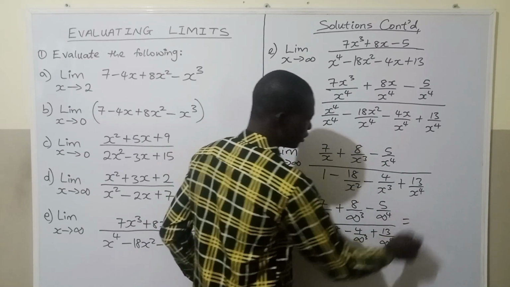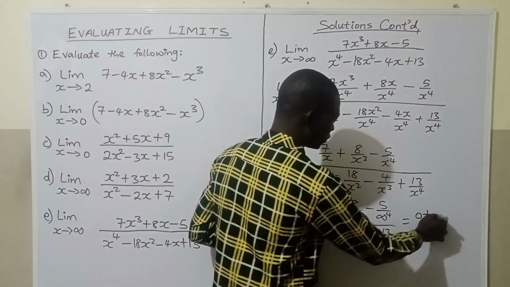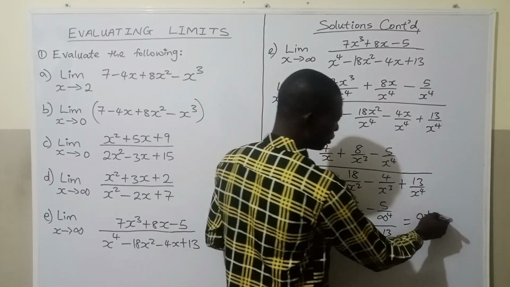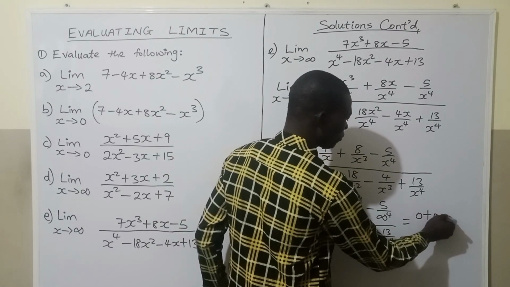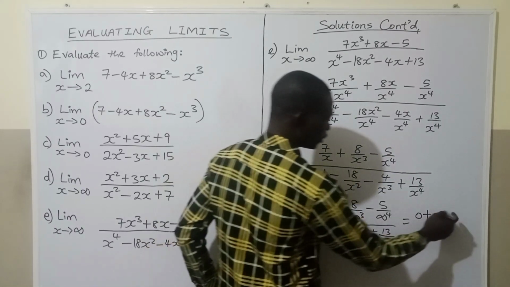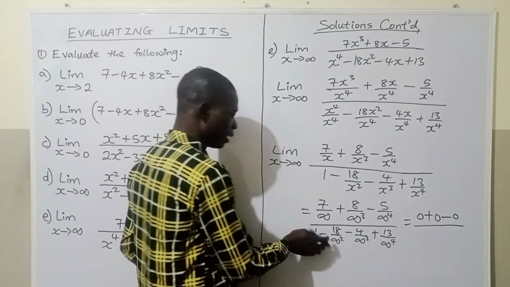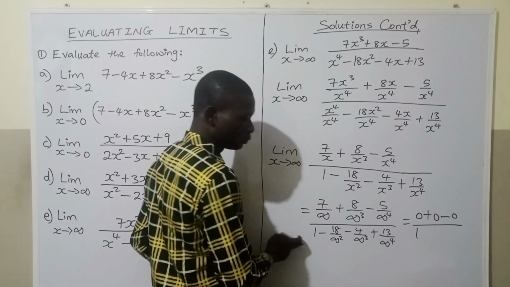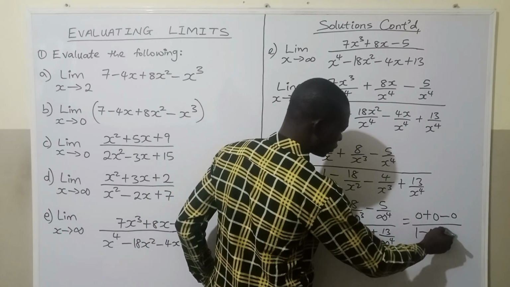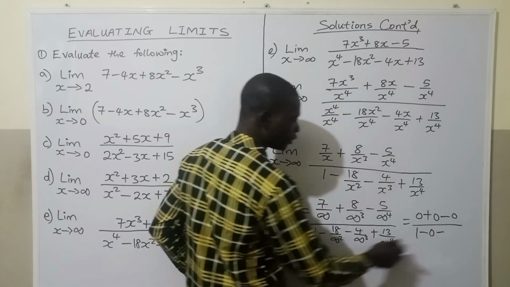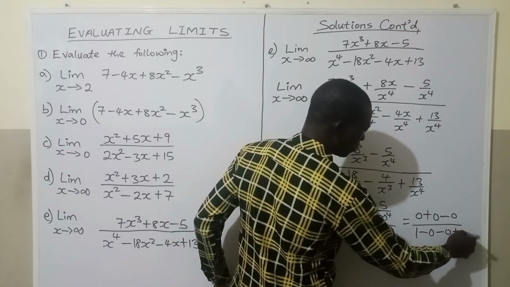So what happens in that situation? 7 over infinity, of course, that becomes 0, plus 8 over infinity cubed also equals 0, and then minus 5 over infinity to the fourth power is also equal to 0. So all the numerators find themselves to be what? 0. And then under we have 1 standing alone, and then minus 18 over infinity squared, that's going to be 0 also, minus 4 over infinity cubed, that's also going to be equal to 0, and then 13 over infinity to the fourth power, that's going to be plus 0.